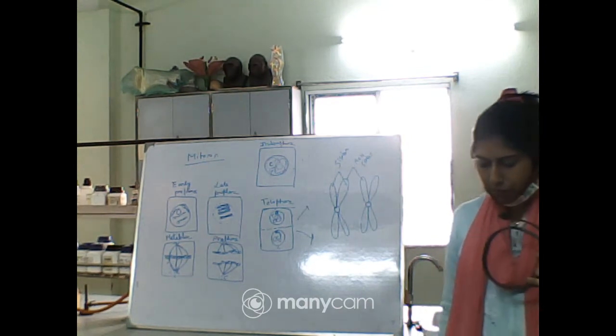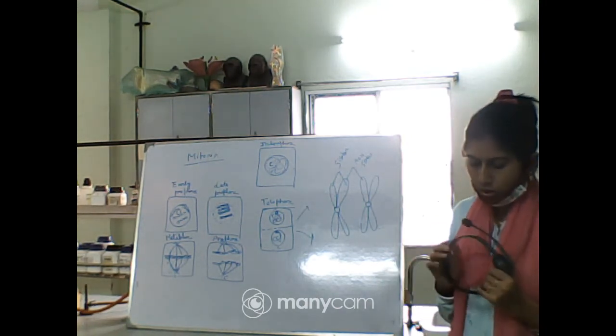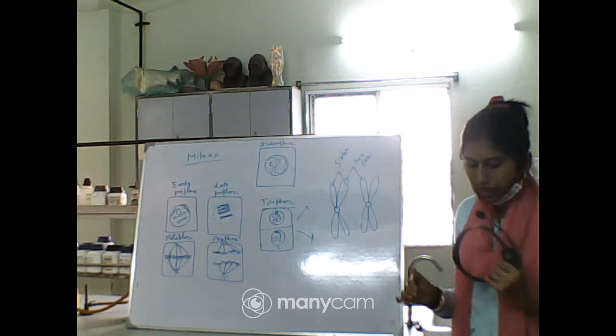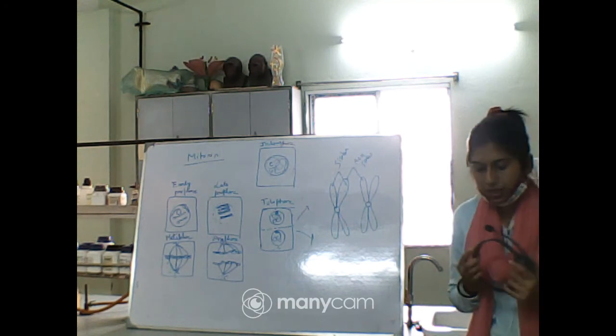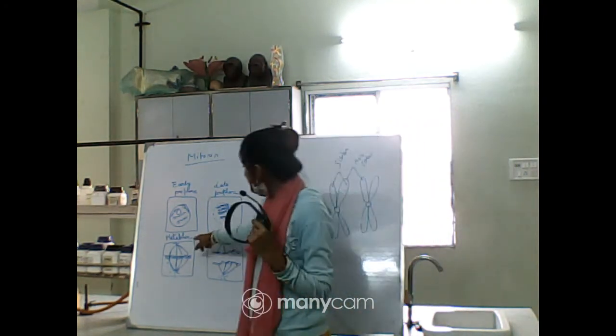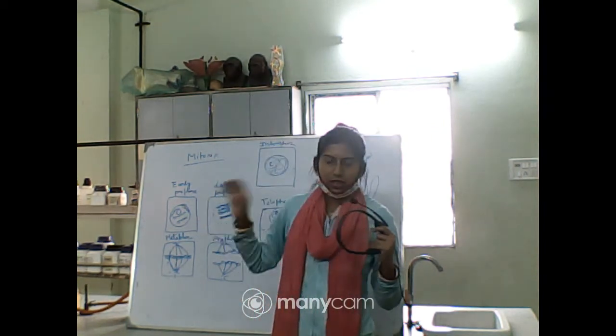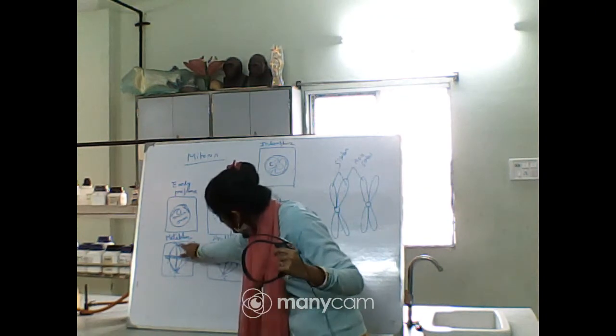interphase stage is the same, and at the time of prophase they are having centrioles. So the centriole pair replicates to form two pairs of centrioles which migrate towards the poles. After the prophase, the centriole pair will replicate and they will migrate to the two poles.